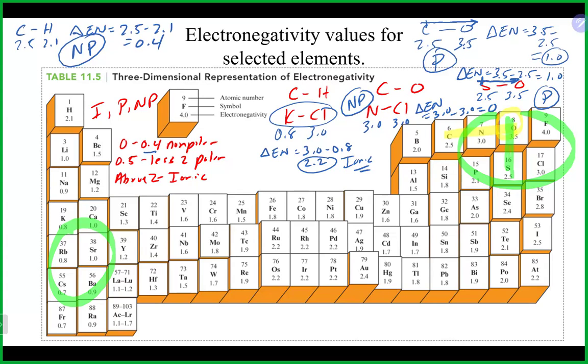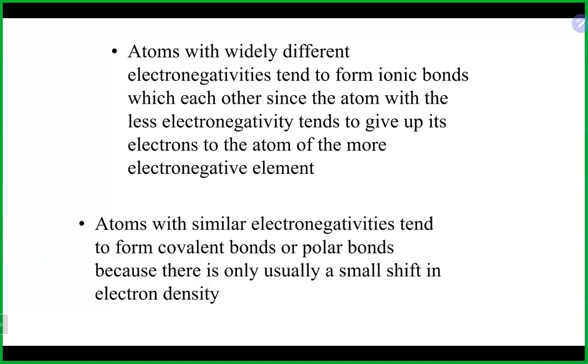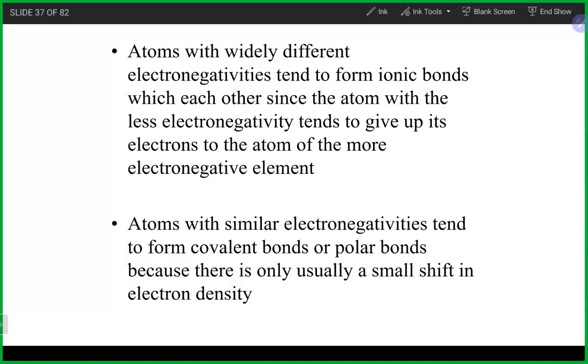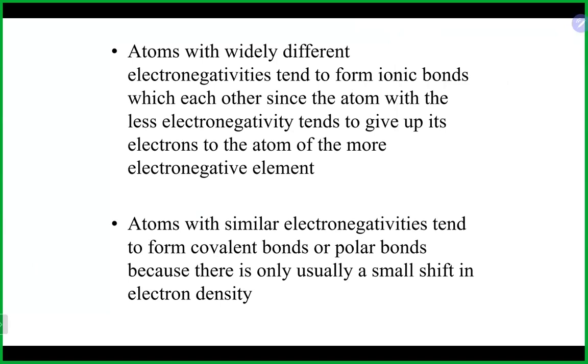So we're going to talk about a different type of polarity as well, but this is bond polarity. What we're talking about is where you use the electronegativity difference to determine whether it's a polar or nonpolar bond. Any questions on that? As we see there, atoms with really widely different electronegativity values will tend to form ionic compounds.